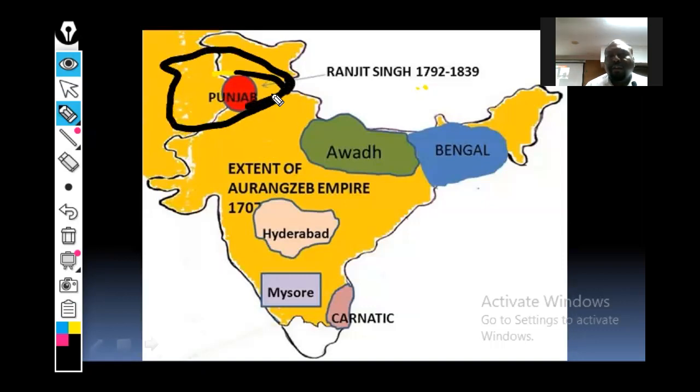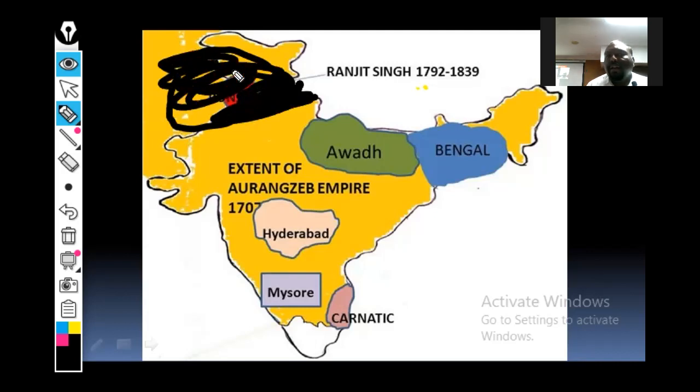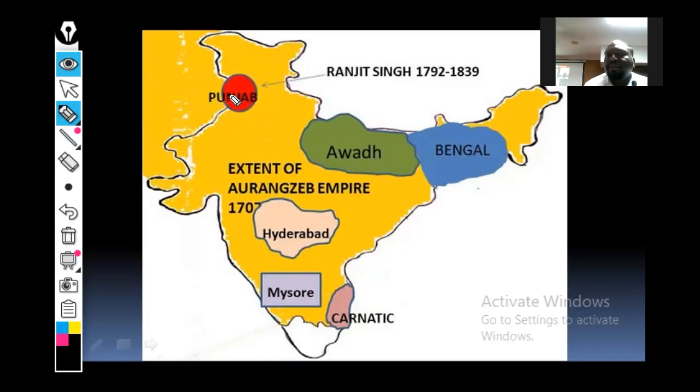All this area is the headquarters of the Sikh Punjab. So the British are eyeing this area to make it British India. So the rise of the Sikhs is a threat to the British.